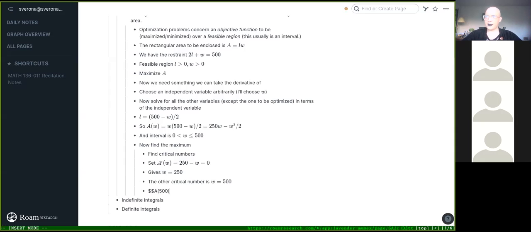So I'm just going to plug in and see what I get. If I let all the area be the width, then it doesn't have any length, so that's going to be 0. And then A of 250, let's see. That's going to be 250 times (500 minus 250) over 2, which is, yeah, I think that's right.